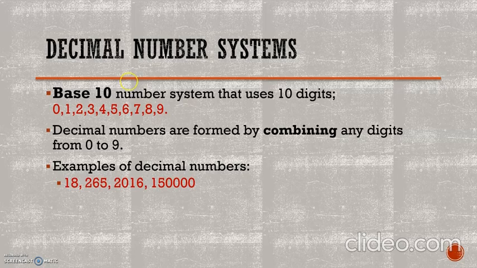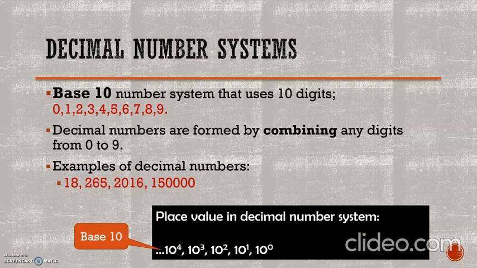And there is actually one thing that I want to mention here. Why is decimal number system called base 10? It is called base 10 because it relates to the base in the place value of decimal number system.